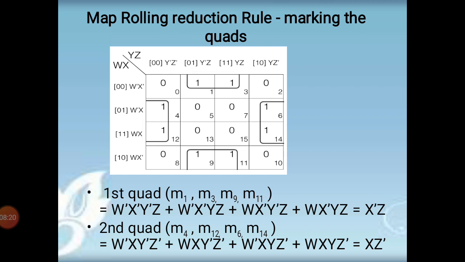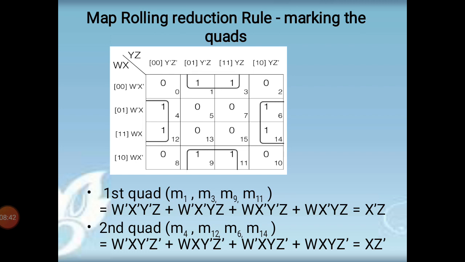From the first quad, W bar changes to W and Y bar changes to Y. So we have to remove W and Y variables and we got X bar Z for the first quad.